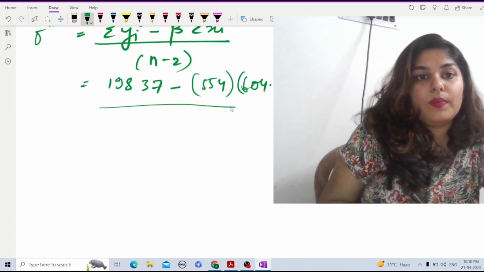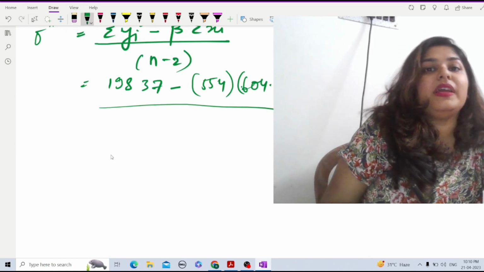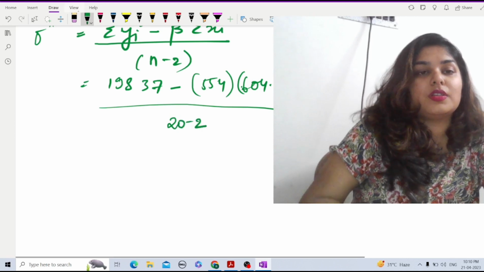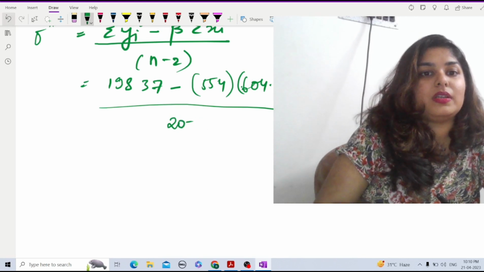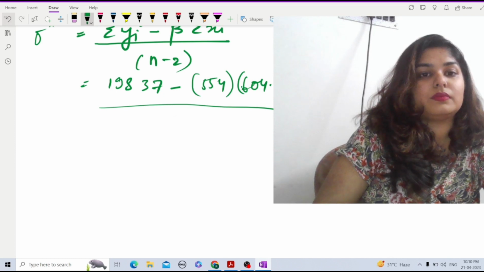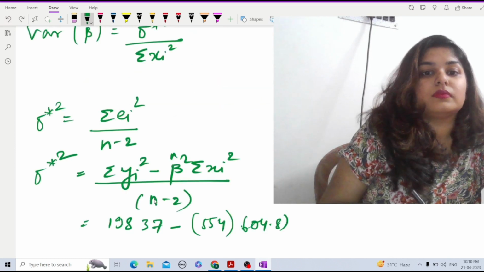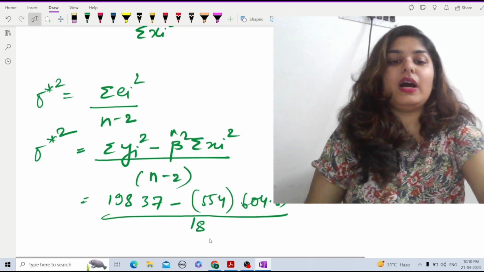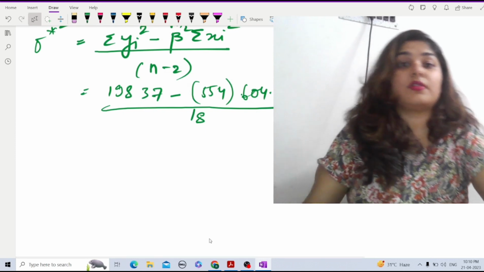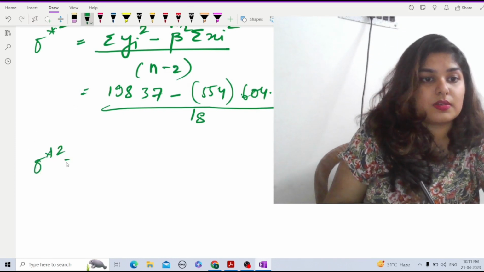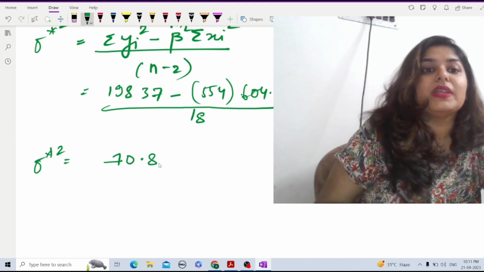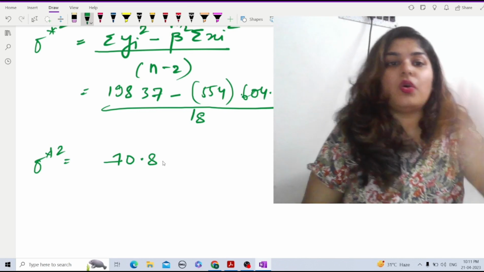Divided by n minus 2, and we have 20 observations, so 20 minus 2 is 18. After calculating, we get sigma star square, the unbiased estimate, which is approximately 70.8.